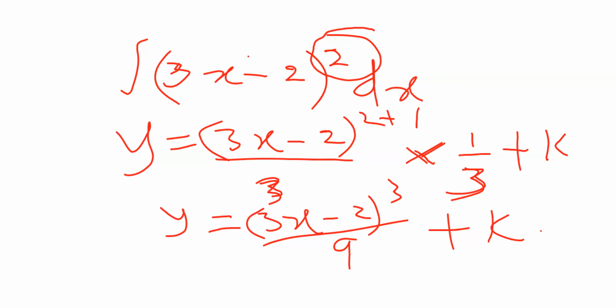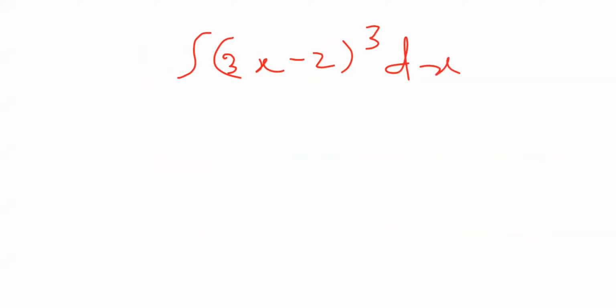Okay, continue the next one. Okay, where's the part 3? Okay, this one, I say this one. That same question. All raised to part 3 now. The one you just did now was part 2. I tried this one. All right. 3x minus 2.